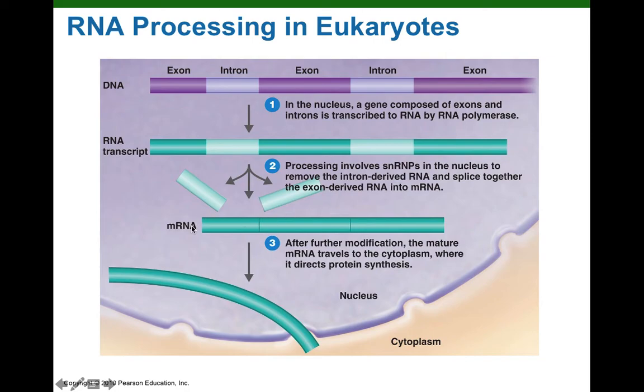And it's only after this cutting and splicing and chemical modification that we have mature messenger RNA. And it's that mature mRNA that will travel into the cytoplasm where the eukaryotic 80S ribosomes will bind and then start translating the messenger RNA.